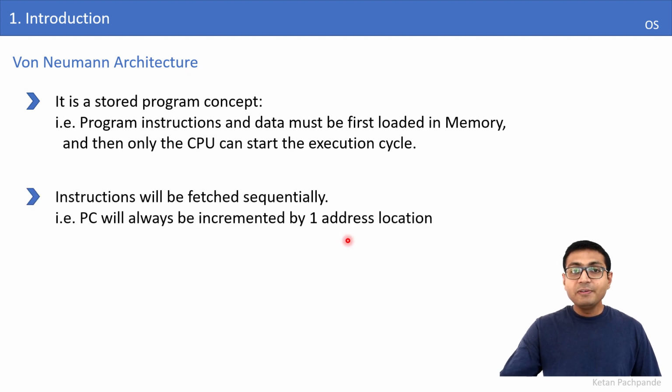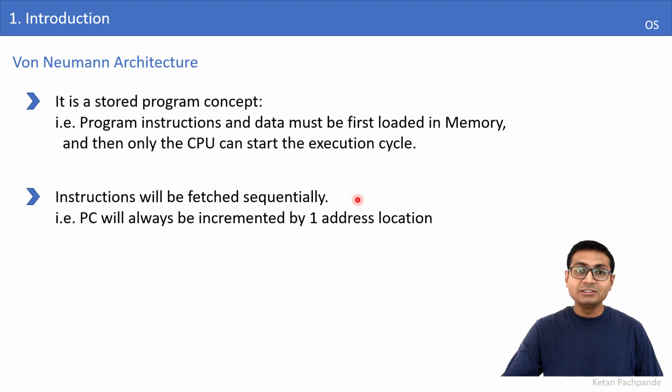The instructions will be fetched in a sequential manner only, because program counter is always going to be incremented by 1 by the CPU. It always assumes that the next instruction is stored at the next address only. And that's how the CPU has already made that assumption.